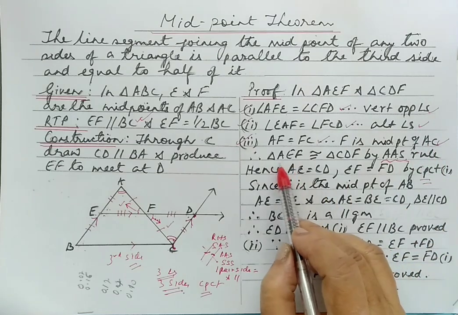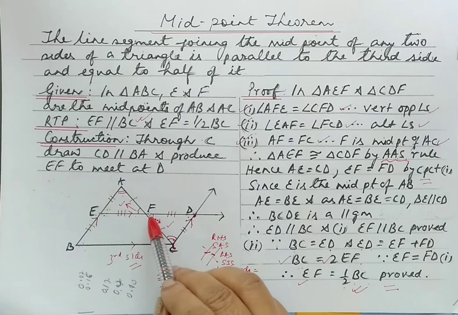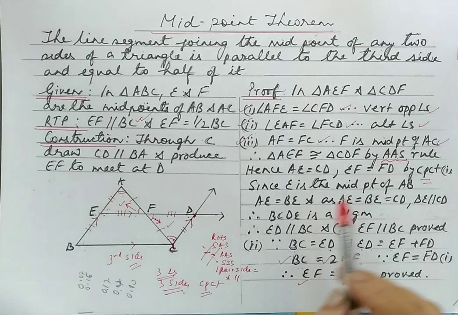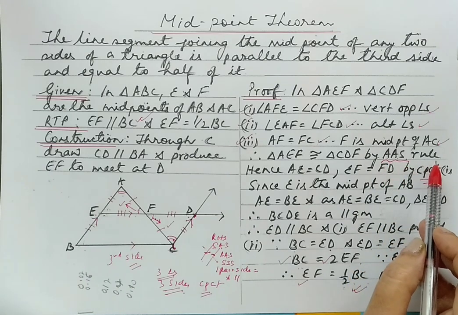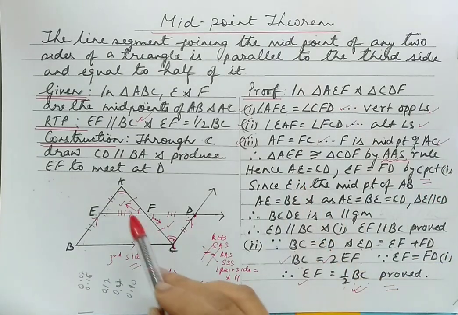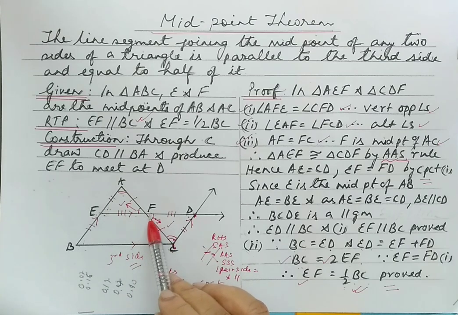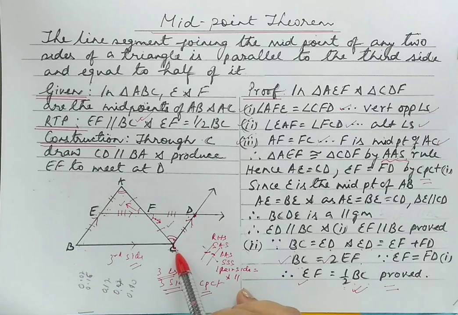Thus we are able to prove the congruency of AEF and CDF. Guys, this is as per the AAS congruency rule. Correct? So by CPCT we prove that AE is equal to CD, EF equals FD, and this angle was already there.